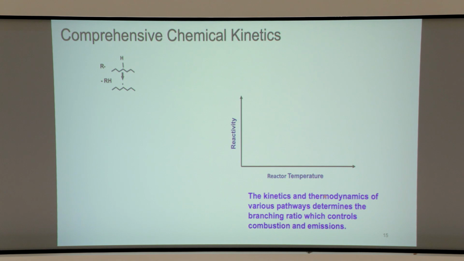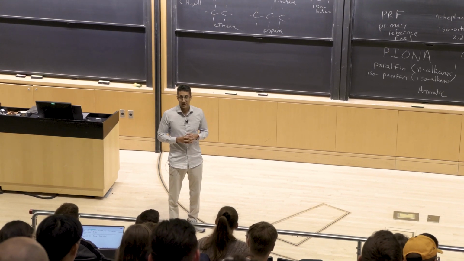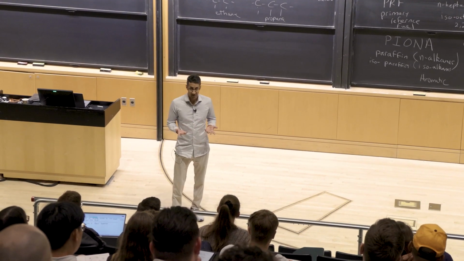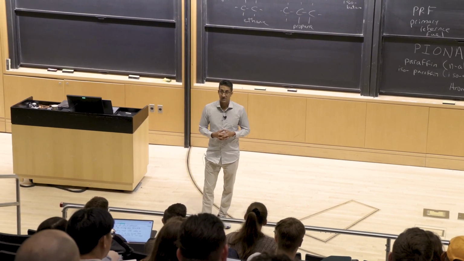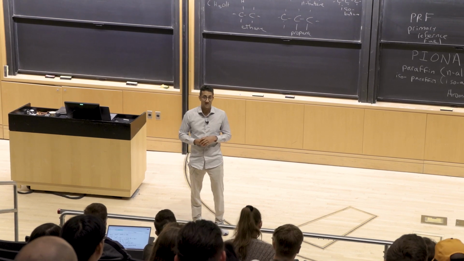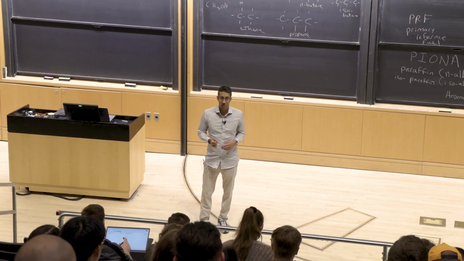Now, the two types of reactions any molecule starts off with: one is scission. You can have a C-C scission, C-H scission, or you can have an abstraction reaction, abstraction of a radical. Typically, if oxygen is around, if it's an oxidizing environment, the radical abstraction reactions are the most important ones.